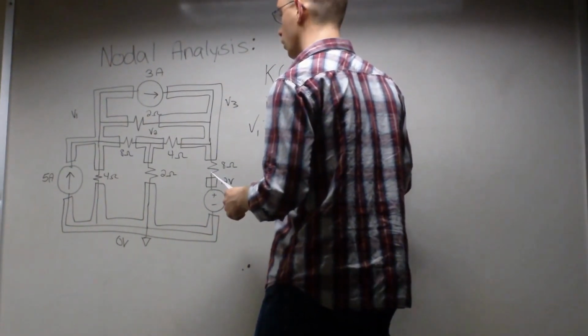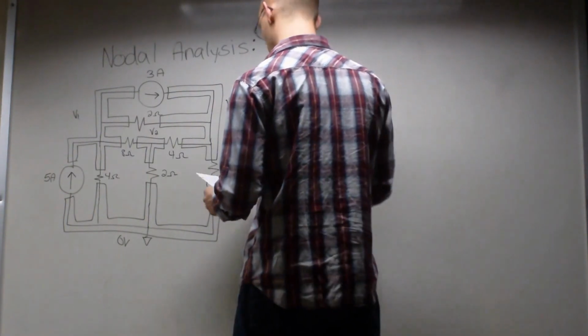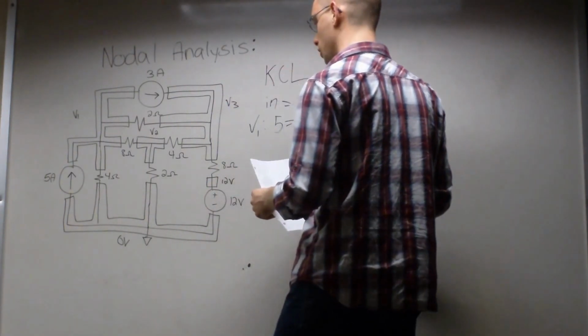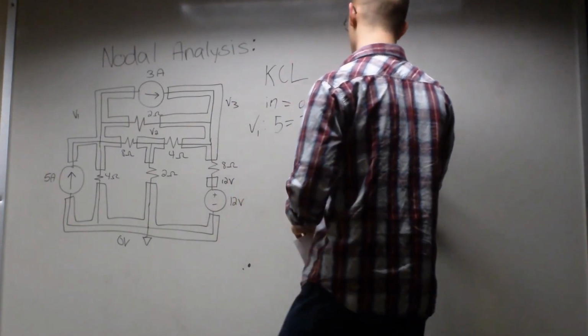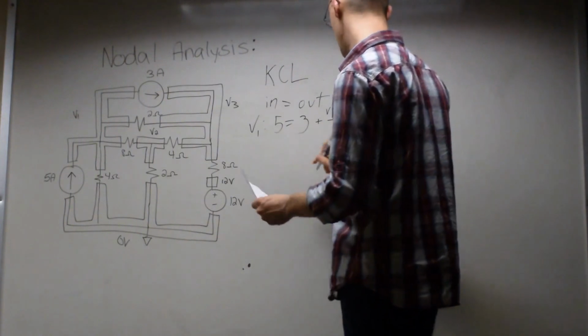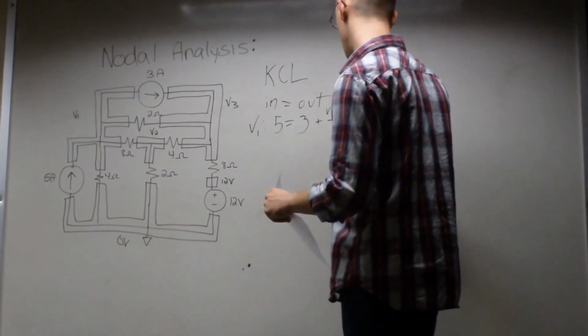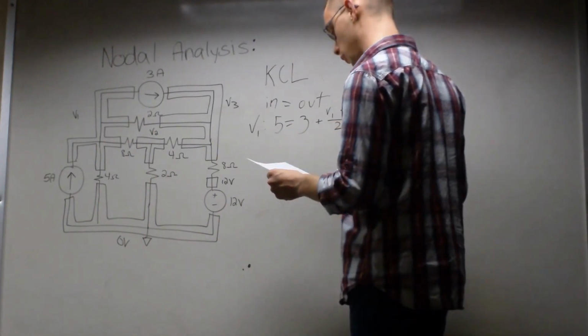And then this is the tricky part, when you start comparing each node voltage to each other. So how we do that is we take V1 minus V3 and divide it by the resistor that connects the 2 nodes, which in this case is a 2 ohm resistor. And you do that repeatedly for every component attached to the node.